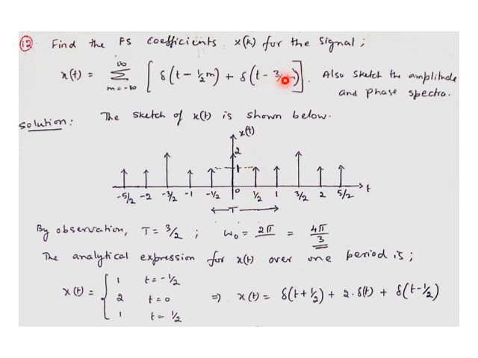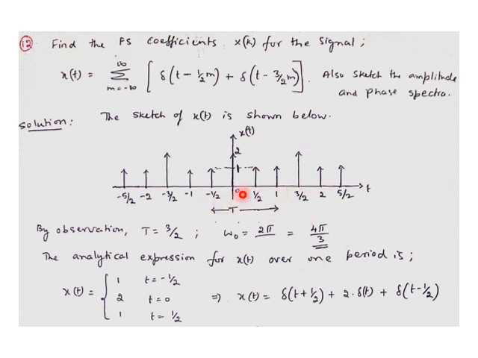The next term is at 3 by 2. For m equal to 2, delta t minus 1, the shift is to the right side, with amplitude 1. Similarly at 3 by 2, the two terms become 2 times delta t minus 3 by 2, so the amplitude is 2 at 3 by 2.